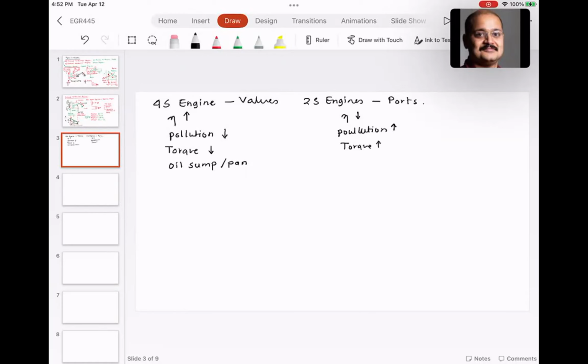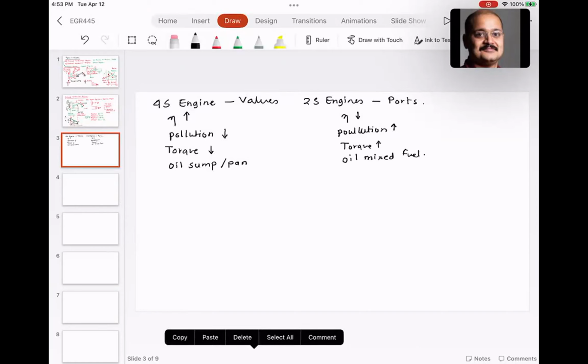In two-stroke engine, the oil is mixed with the fuel. So if you see a weed whacker engine, which is a two-stroke engine, you will see that white smoke coming out of that engine. That is the unburned oil and hydrocarbons that are coming from that engine. Four-stroke engines typically burn cleanly.